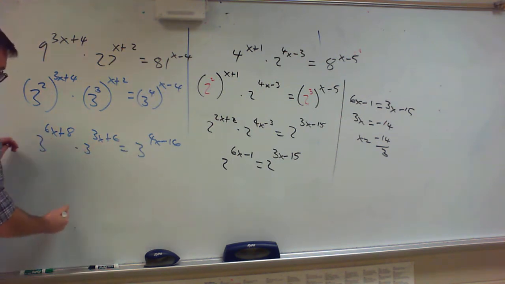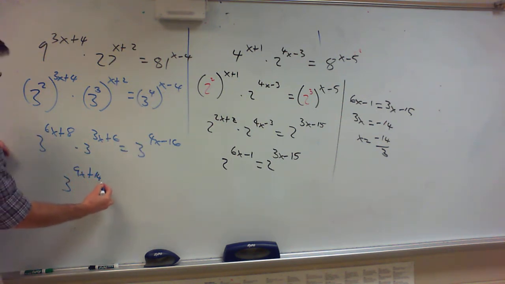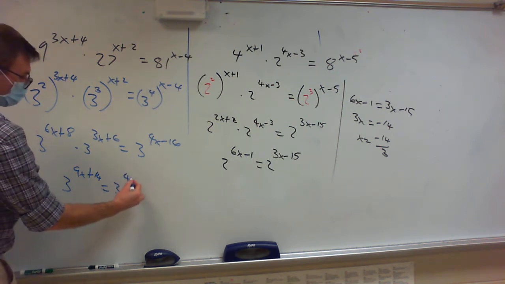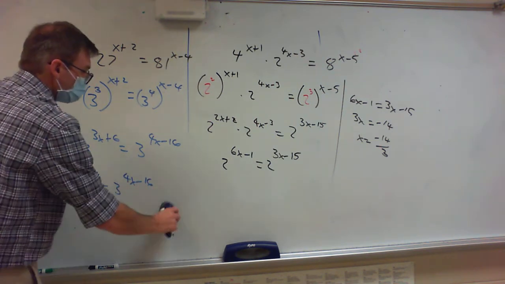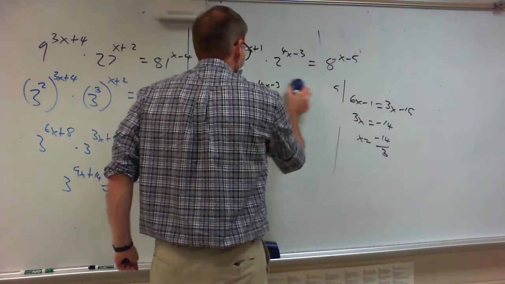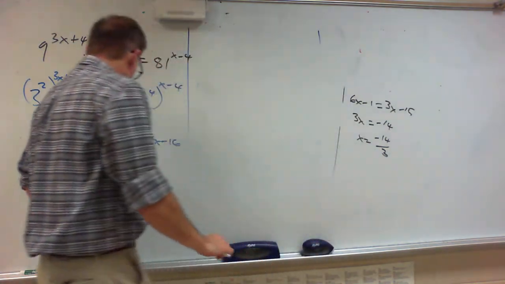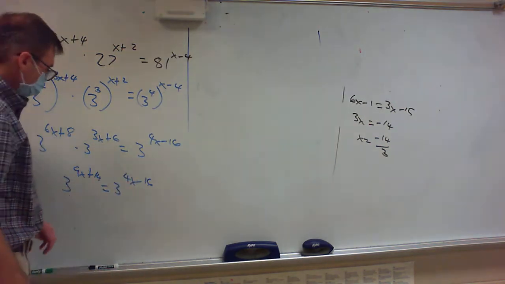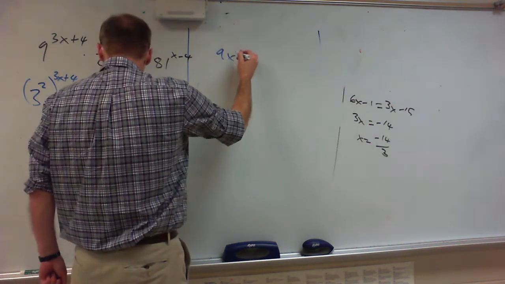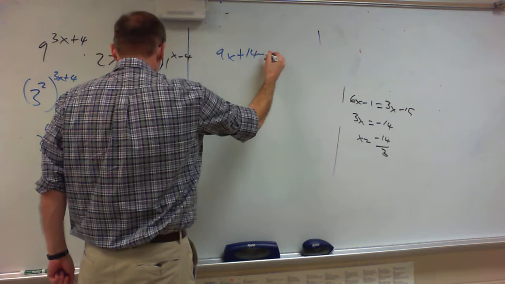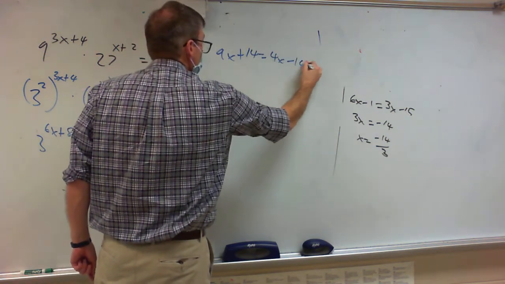Then I get one big 3, and so that's going to give us 9x plus 14 is equal to 3 to the 4x minus 16. Now I've got the bases the same, so that's 9x plus 14 is equal to 4x minus 16.